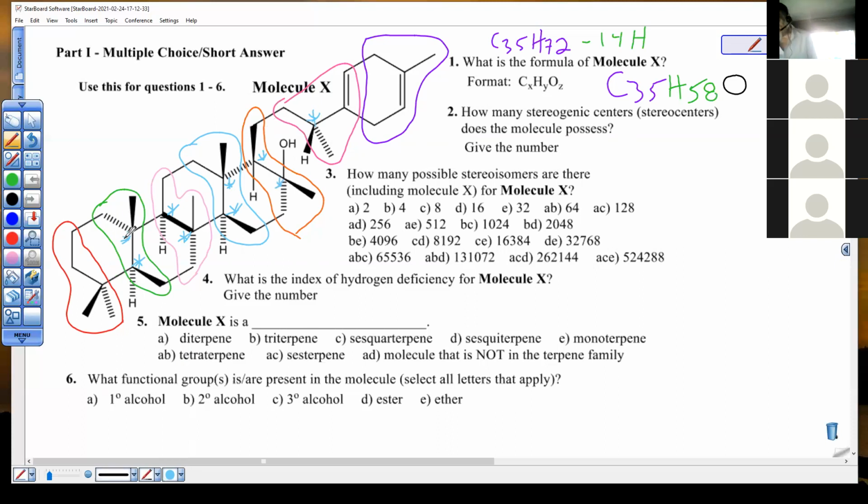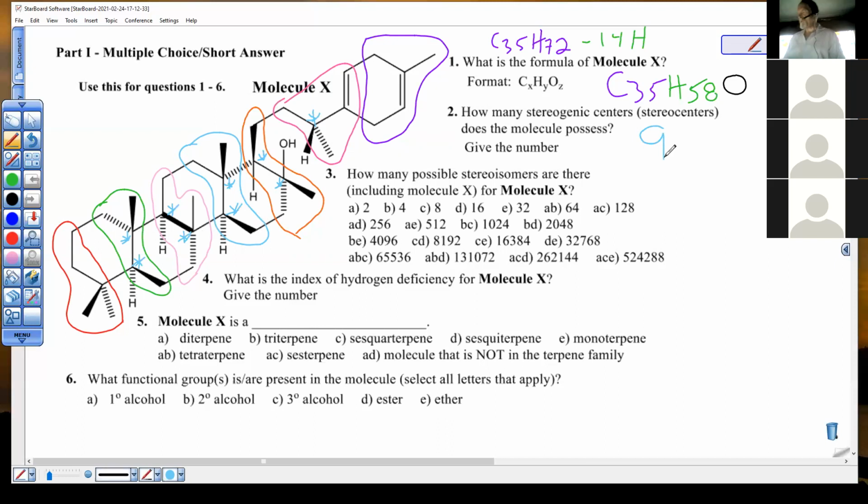And I don't think I missed any. Nothing there because that's 2 methyls. Everything else is 4 different groups. And there's no sp2 stereocenters ever. So what did I count? 1, 2, 3, 4, 5, 6, 7, 8, 9.